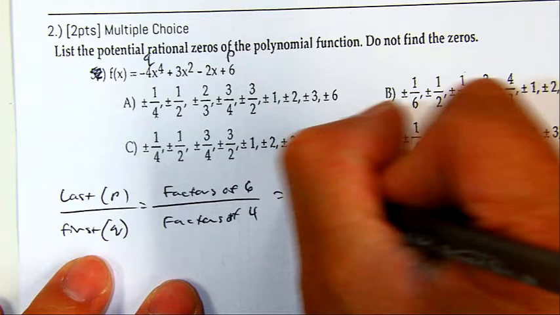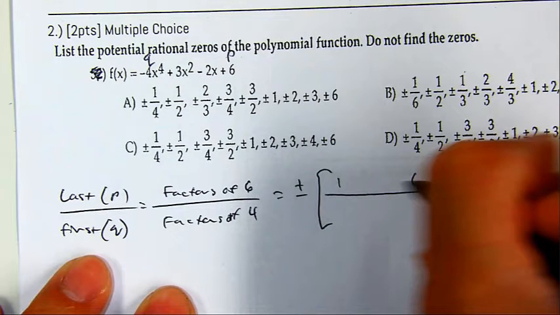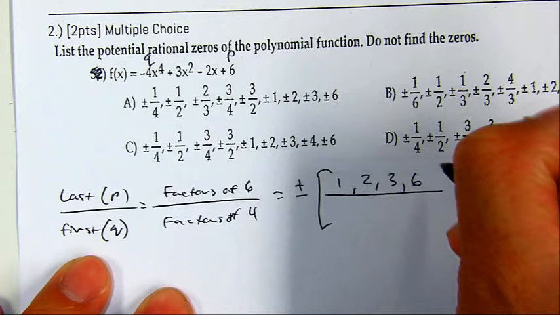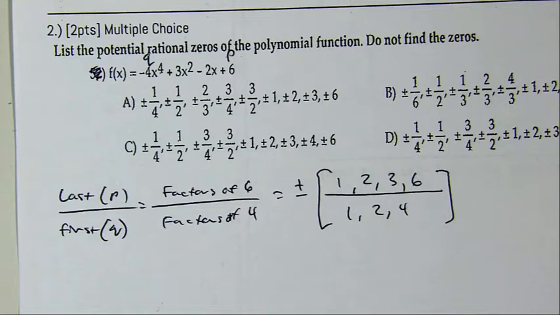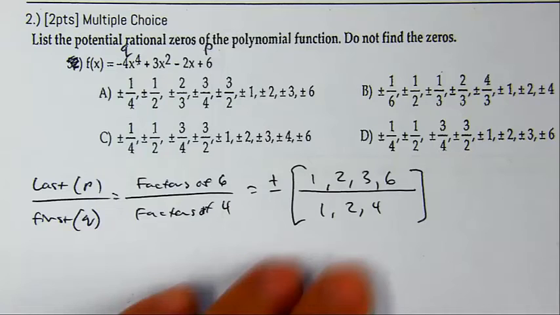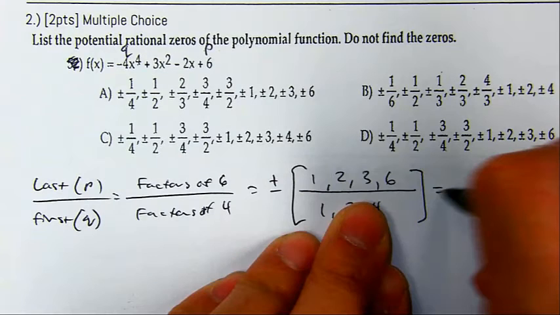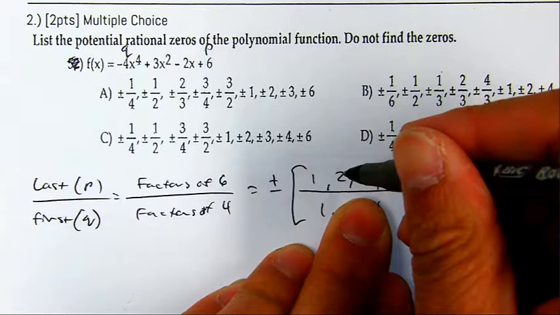we're going to list out all of our factors. So the factors of 6 are 1 times 6 and then 2 times 3, and the factors of 4 are 1, 2, and 4. Then from here, we talked about dividing through. So you're going to have 1 over 1, 2 over 1, 3 over 1, 6 over 1.